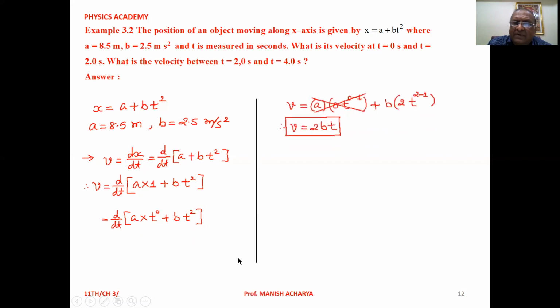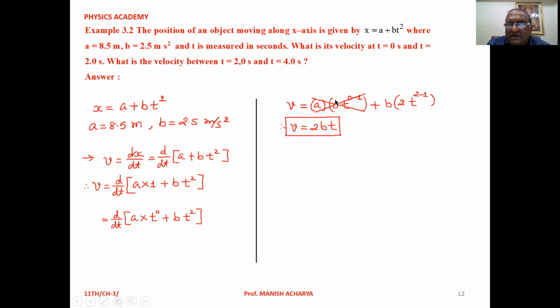Now suppose we apply the differentiation rule. Now see, both the constants a and b are with variable. But see here your variable t is with power 0. So if we apply the rule, take the power in multiplication.